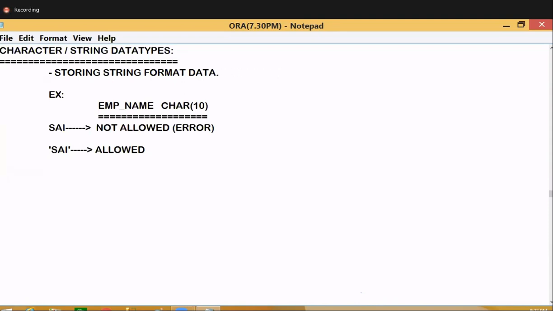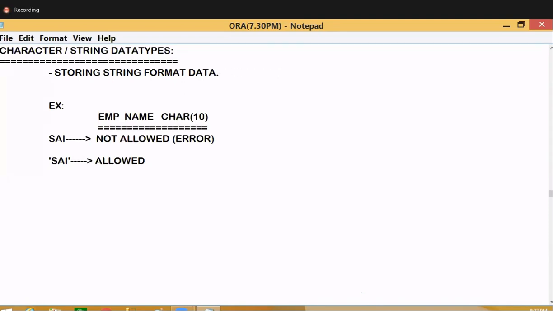So character data types store string format data, and a string is represented with single quotes.